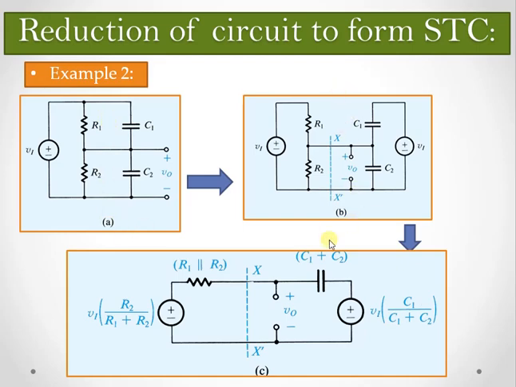So equally it is divided, and we are going to show the marking as XX dash. If you observe such type of marking, you will be able to observe it in the frequency response of CS amplifiers. So this concept is very much applicable there.